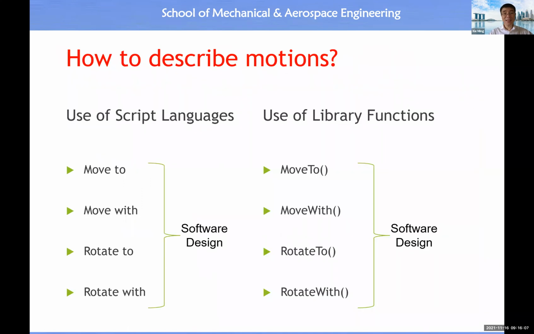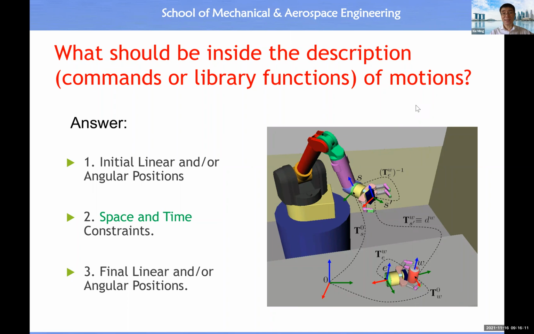Regardless whether you use script language or library function, when you call the library function or when you use the commands in script language, these commands, this library function must indicate at least these three pieces of information, either implicitly or explicitly.